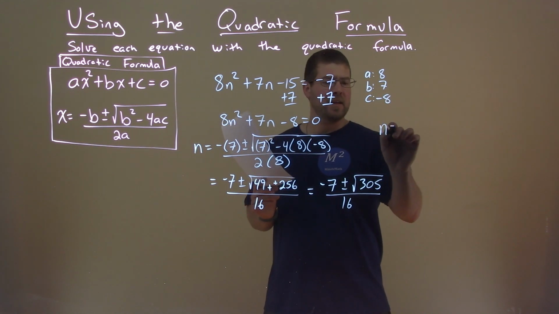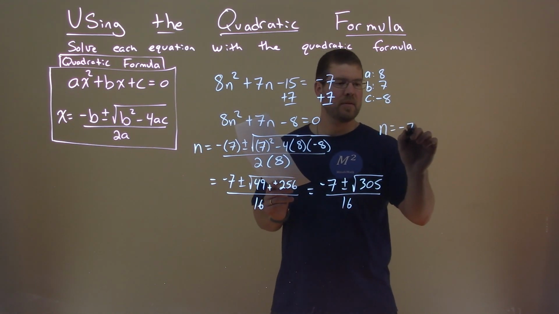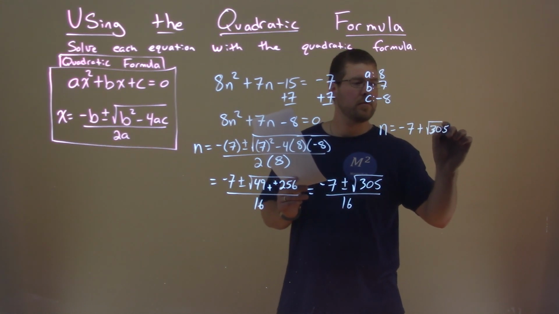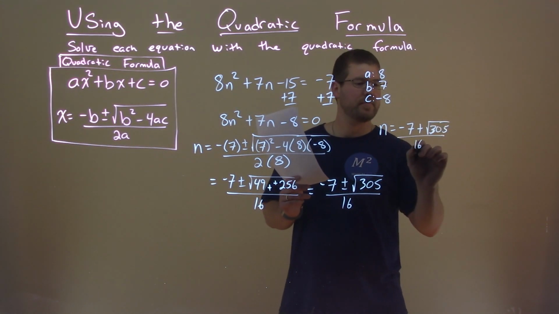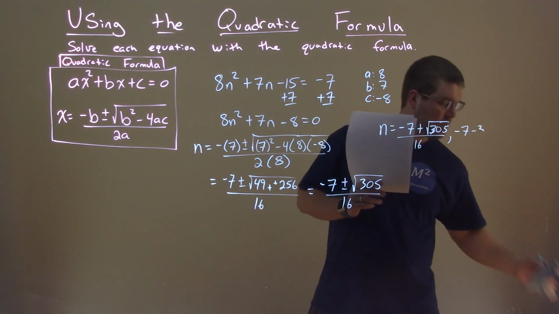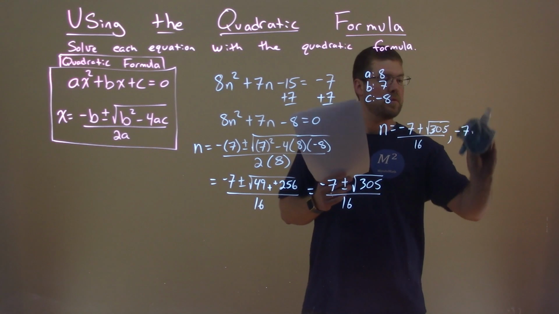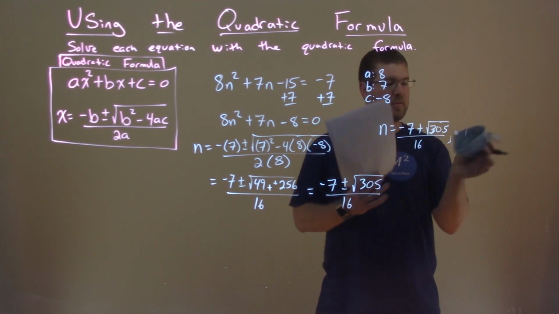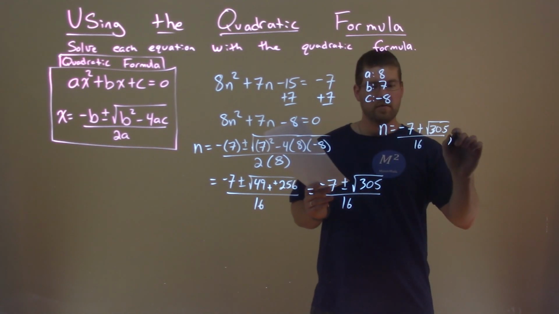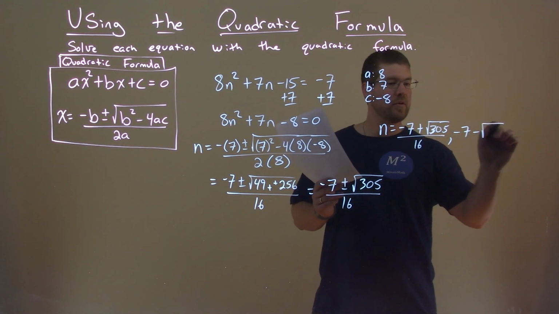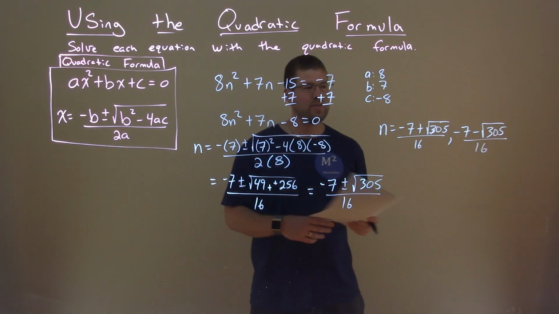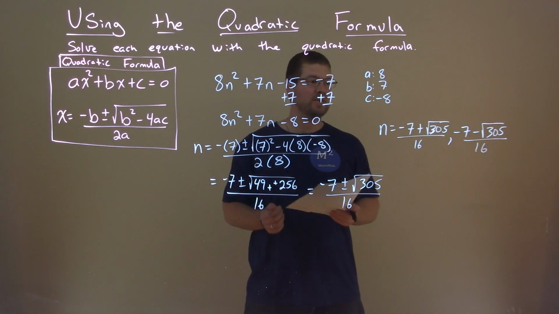So we have n equals, we can write it separated, negative 7 plus square root of 305 over 16, and negative 7 minus square root of 305 over 16. So these two right here are our final answer.